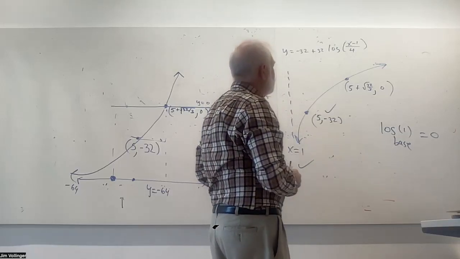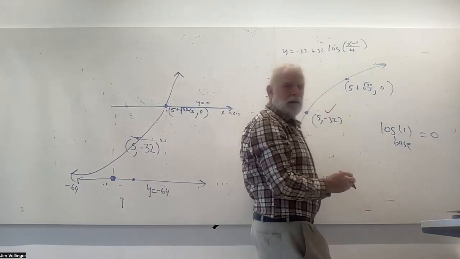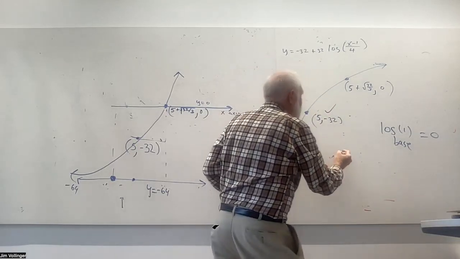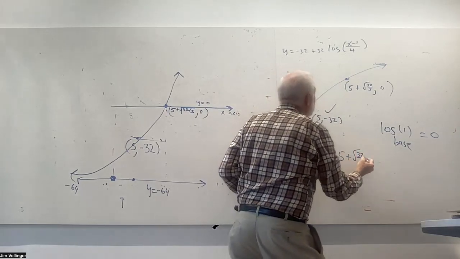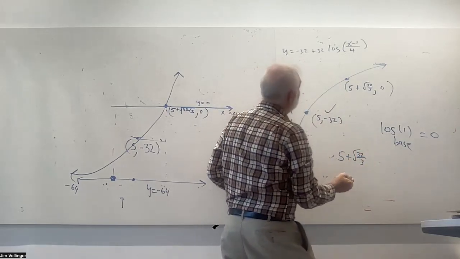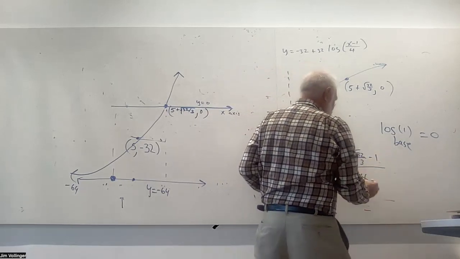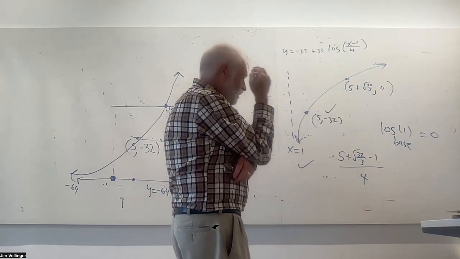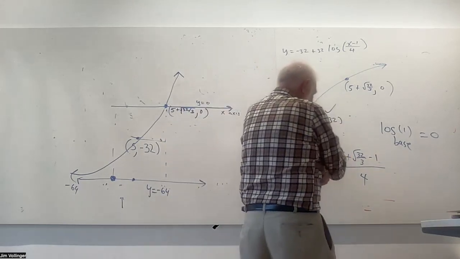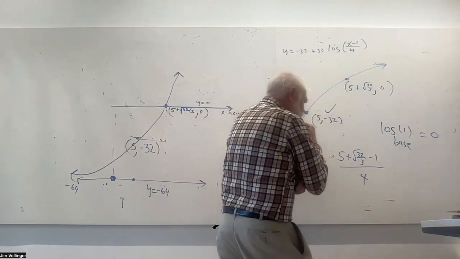Of course, now I've got to put in my next coordinate. I'll do it here. So I'm going to drop 5 plus the square root of 32 over 3. I hope this doesn't get to be too much of a pain. Minus 1 over 4 becomes my base. Well, 5 minus 1 is 4. Okay, so that's 4. 4 divided by 4 is 1.